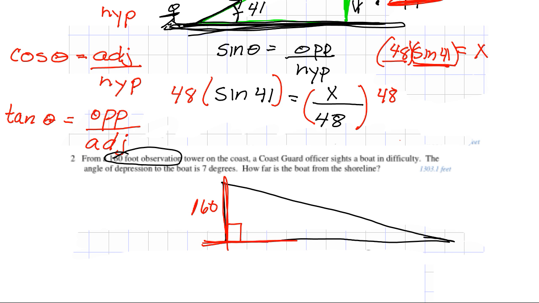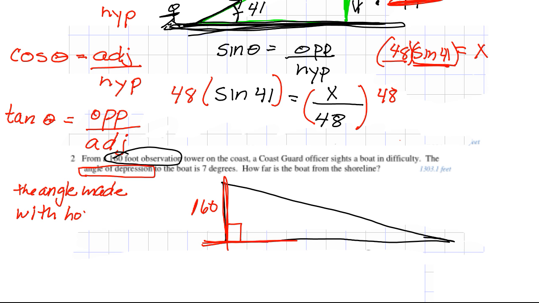Now, the angle of depression, that's a term some people have trouble with. Angle of depression or angle of elevation are always the angle made with the horizontal side.